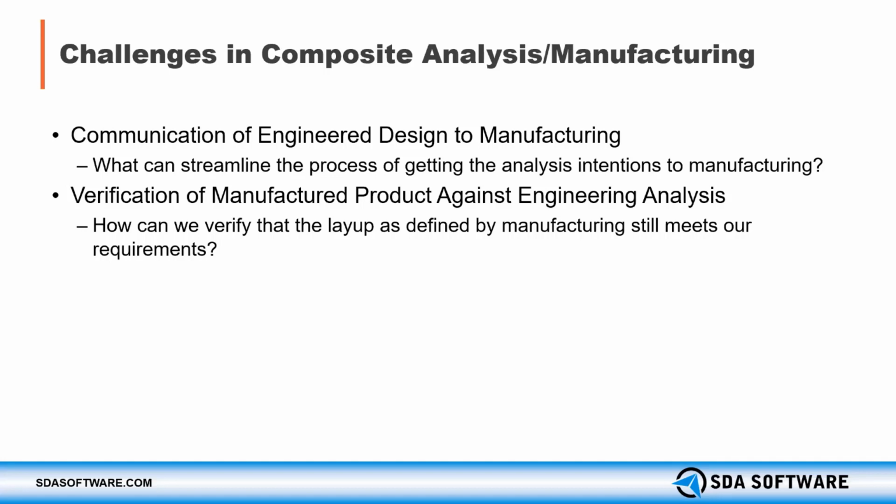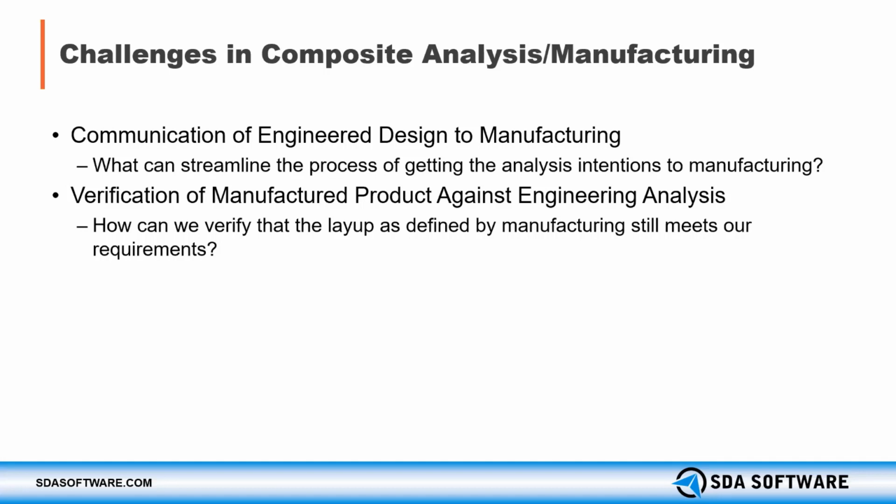Another item is actually once the manufacturing group has come up with the part, trying to verify the performance of the as manufactured part. Many times when you're doing composite parts, high curvature could lead to fiber orientations not matching exactly what was analyzed, or you might have overlaps or other aspects that aren't captured in the original analysis model.